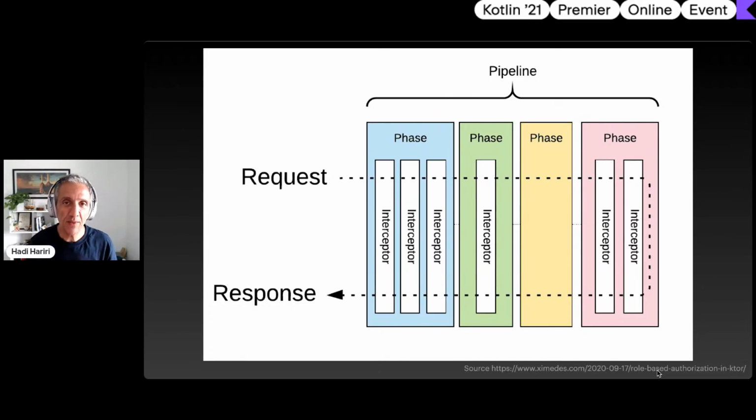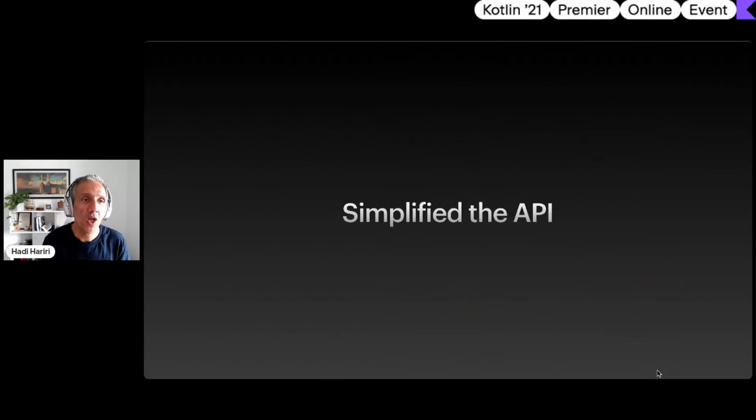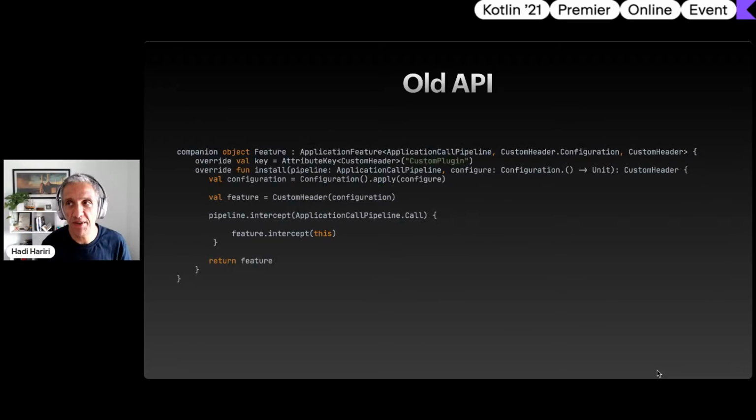So one of the things that we set out to do in 2.0 was to simplify the API for extensibility. So if you take a look at, for example, the old API, you could see something like this. This is, I want to implement a feature, which, remember, now is called a plugin.